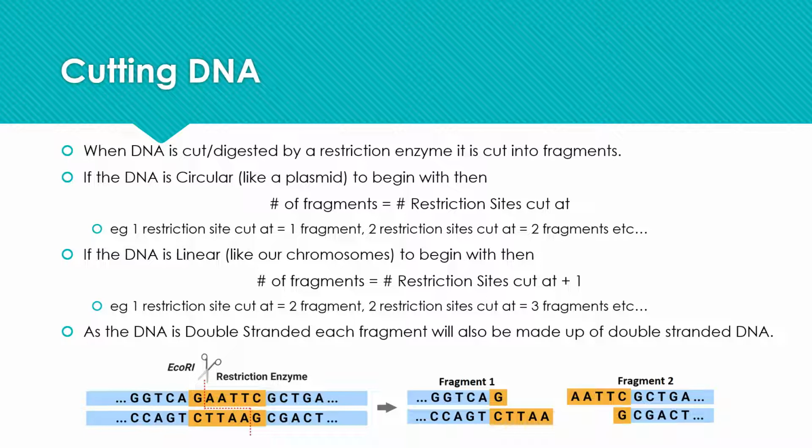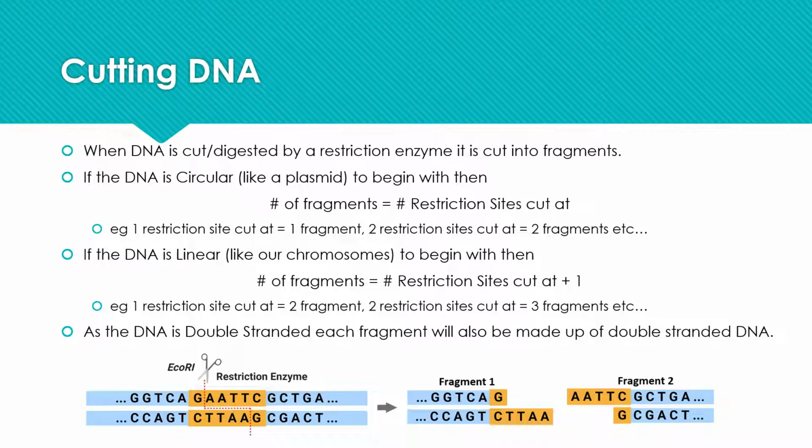So if you cut it once, it's 1 plus 1, so you'll end up with 2 fragments. If you cut it twice, it's 2 plus 1, so you end up with 3 fragments. If you cut it 3 times, it's 3 plus 1, so you'll end up with 4 fragments. So just be aware that there is a difference in the number of fragments you get per cut, depending on whether it's circular or linear DNA to begin with.